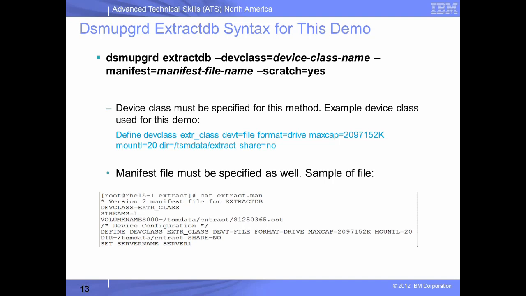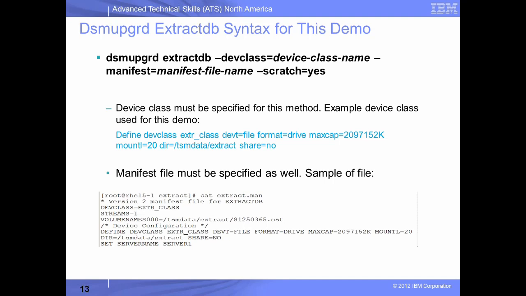So you can see the device class name in the file that was used to do the extract, and then you can see the number of streams that were used to extract data out of the database, and then you see the parameter volume names, and you would see one line for every volume that had been created that contained extract data. In this case, we had a very small database. Each file could be up to 2 gig in size, so we only created one volume. And then the last part of this is the actual defined device class that was used.